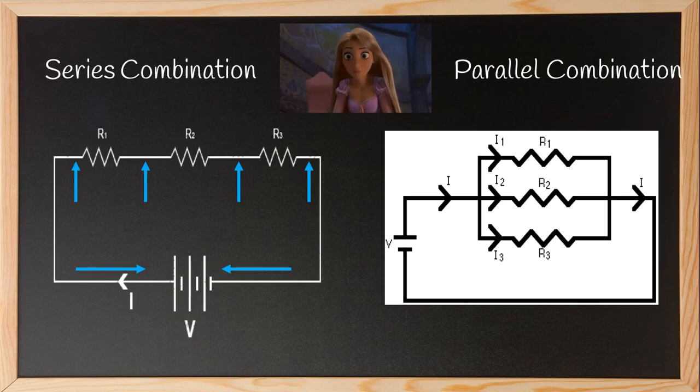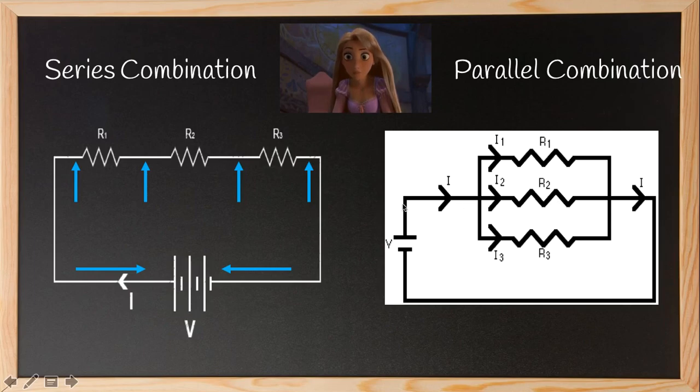The three resistors, R1, R2 and R3, are put in between two points. So these three resistors are said to be connected in parallel, because they are connected between these two points.